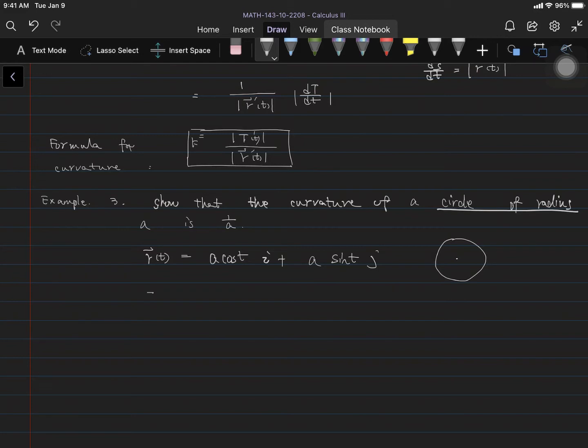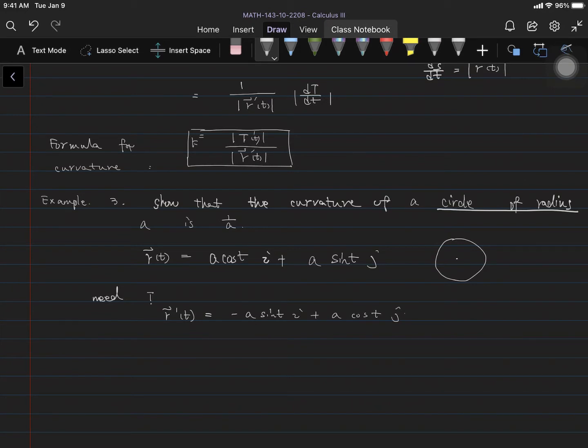Next, in our curvature, what do we need? We need T, the tangent unit vector. So let's find this one. To find T, we need r prime. So r prime equals negative a sine t i plus a cosine t j. Is that right? And what is capital T?